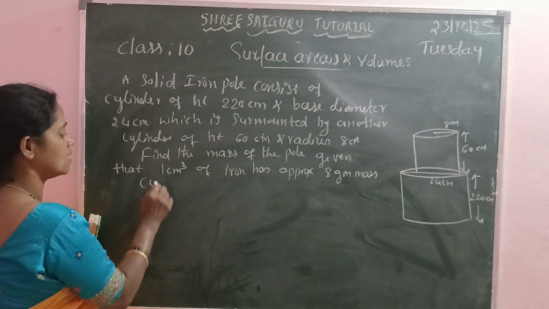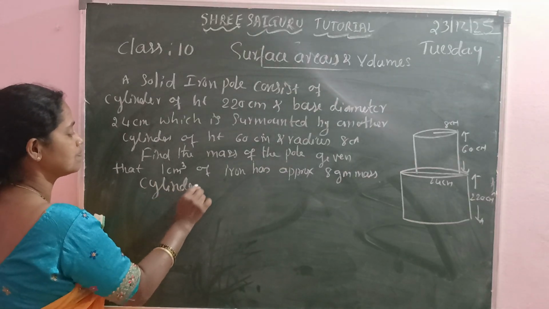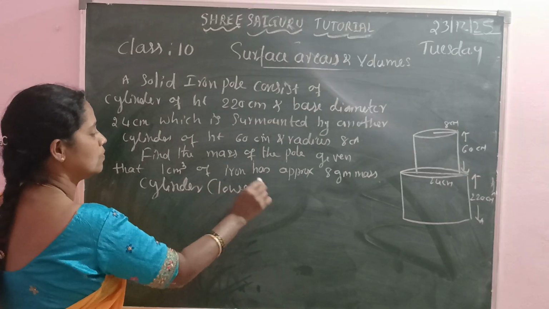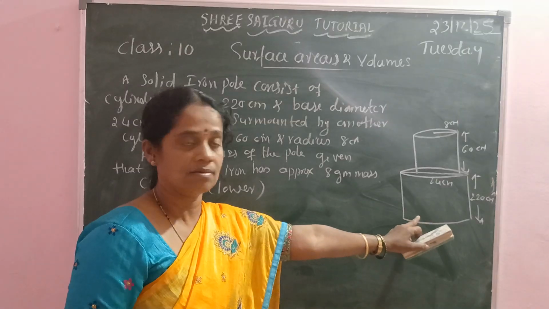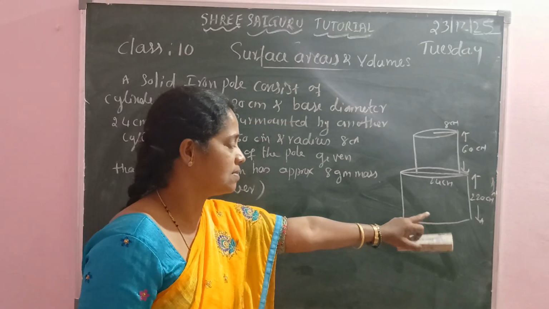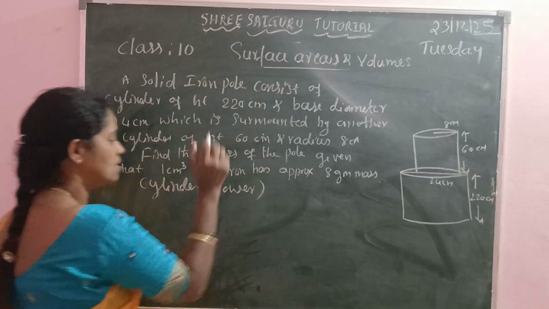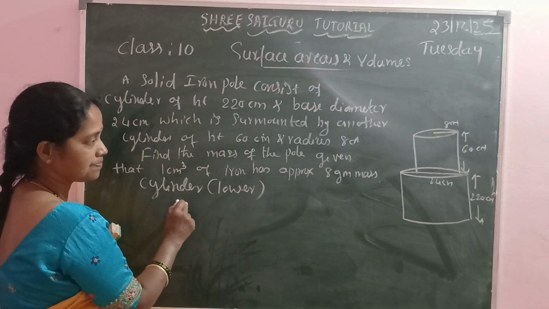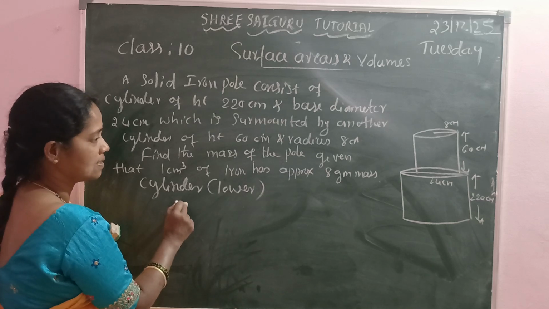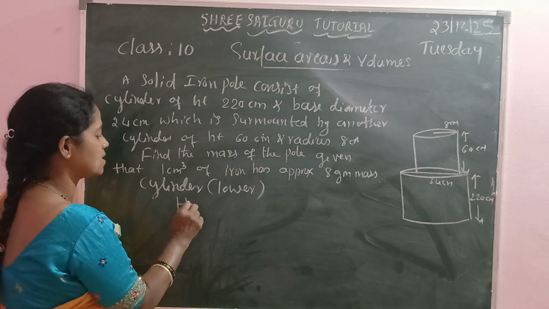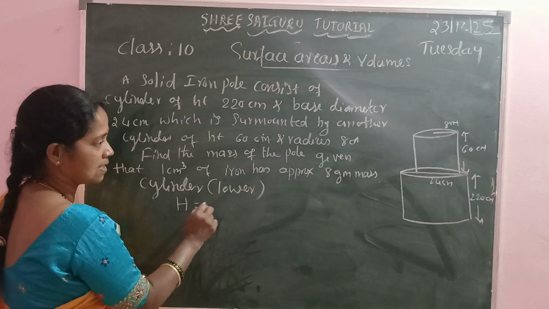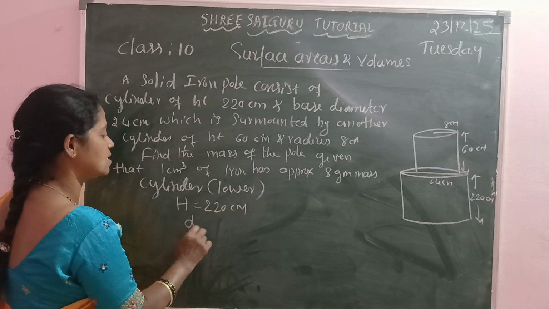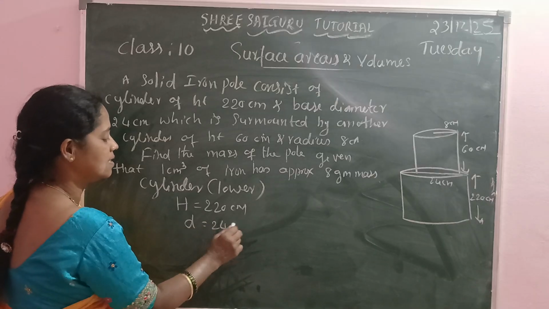So let us take this calculation. I will take first the lower cylinder. Its dimensions are larger than the first. Its height I am taking as capital H, that is 220 centimeter, and the diameter is given 24 centimeter.